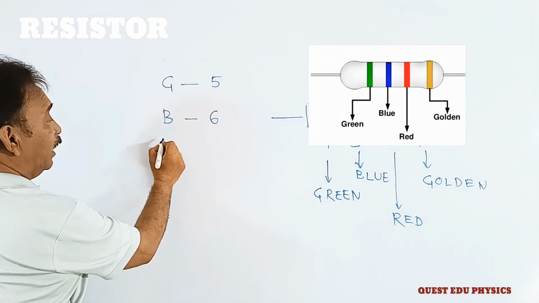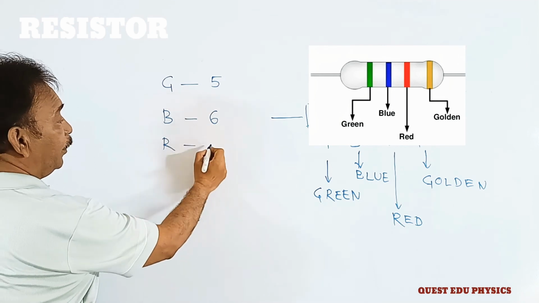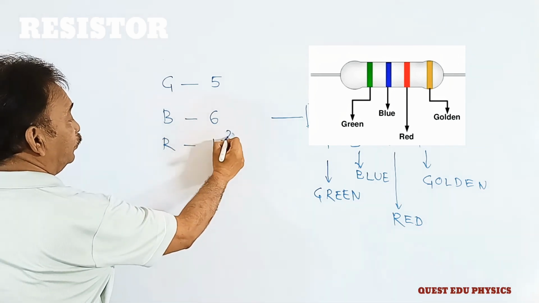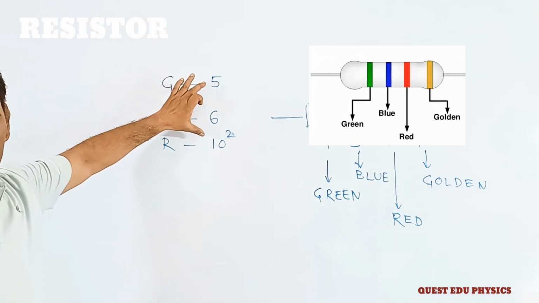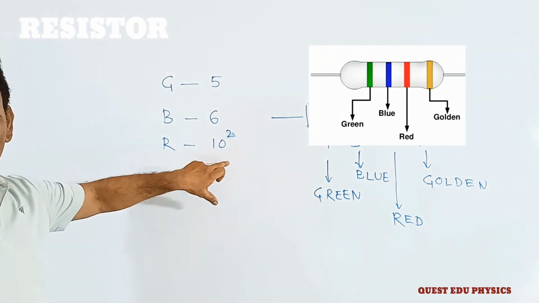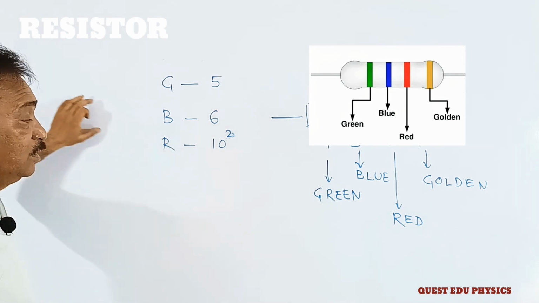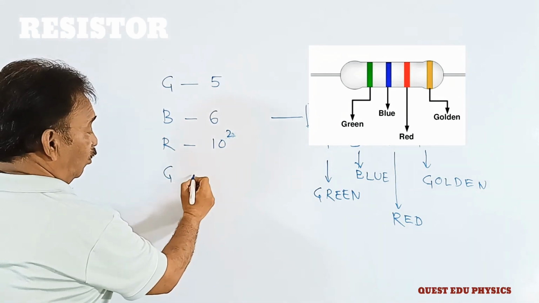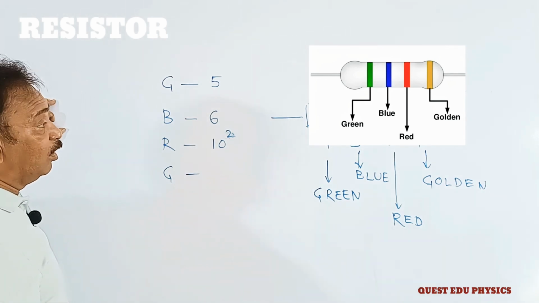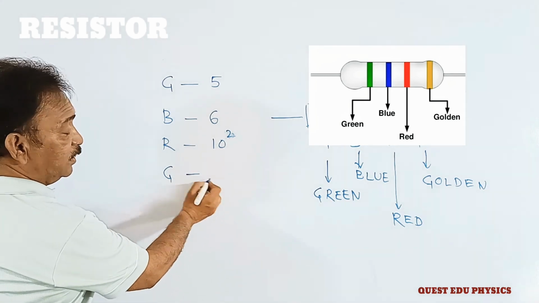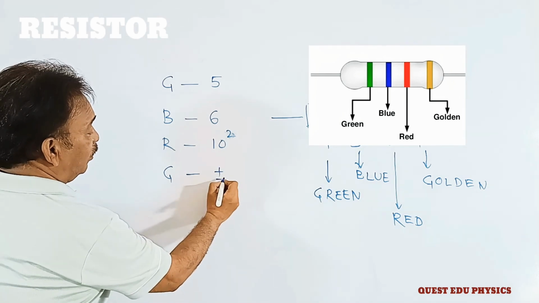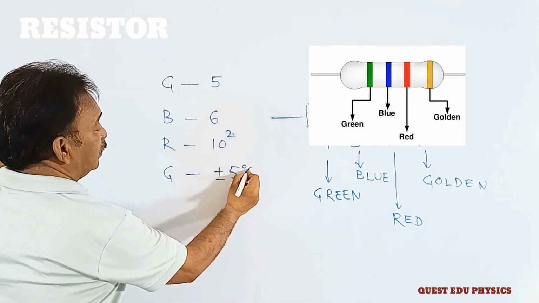The third one, red, is the multiplication factor, it is 10 square. These two are the significant figures, students. And this is the multiplication factor, students. And finally, golden, what's that? Tolerance we call it. Golden is known as the tolerance. It is plus or minus 5%, students.